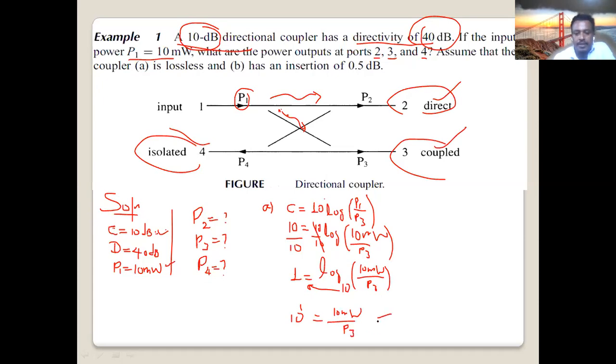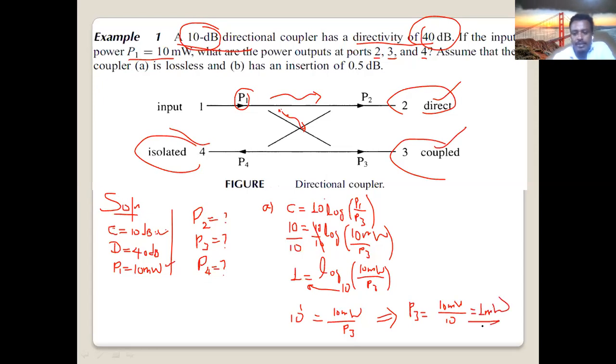So P3, the coupled power, is 10 milliwatt divided by 10 to the power of 1, which is 10 milliwatt divided by 10, so 1 milliwatt.